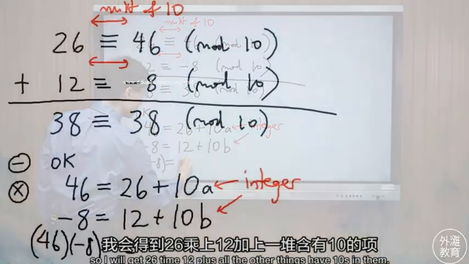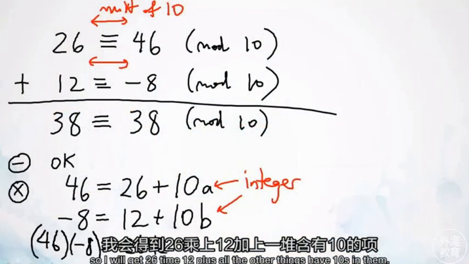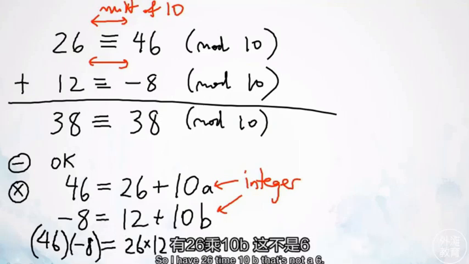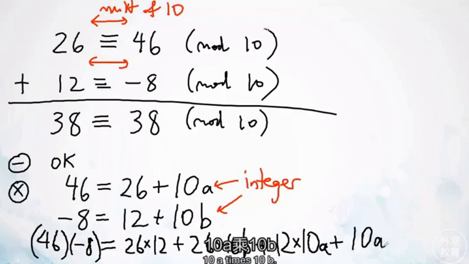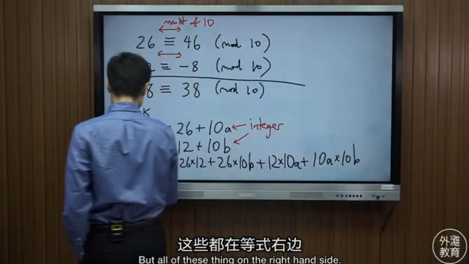So I will get 26 times 12, plus all the other things have 10s in them. So I have 26 times 10b, plus 12 times 10a, plus 10a times 10b.